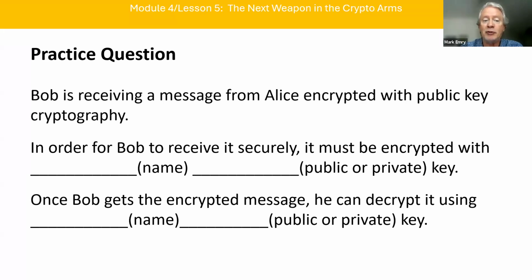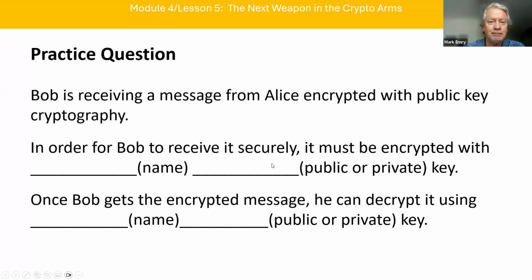In order for Bob to receive it securely, it must be encrypted with a name, okay? And is that public or private key? Once Bob gets the encrypted message, he can decrypt it using a name, put in the name, Alice or Bob, and public or private key. So we'll give you a few seconds to take a look at this and come up with an answer. What do you think it is?